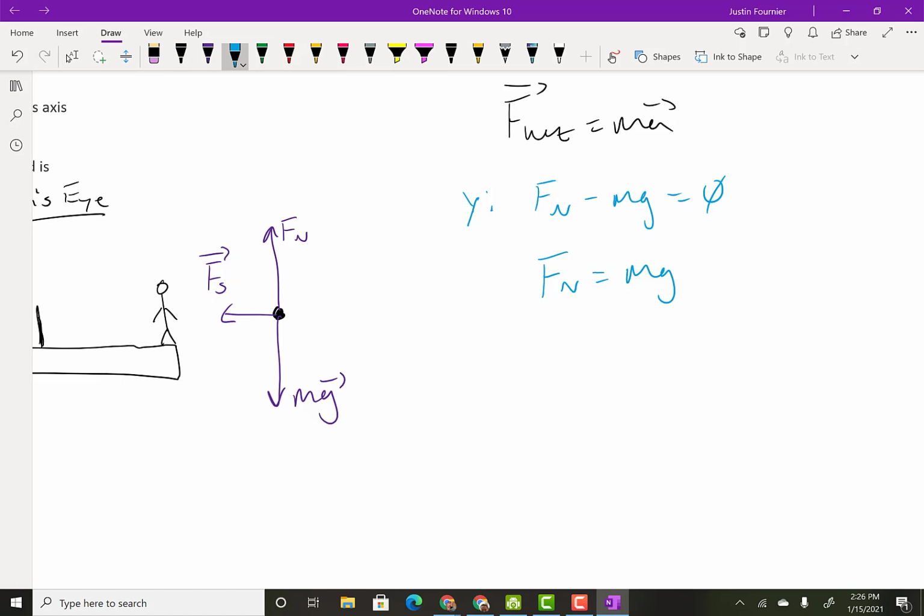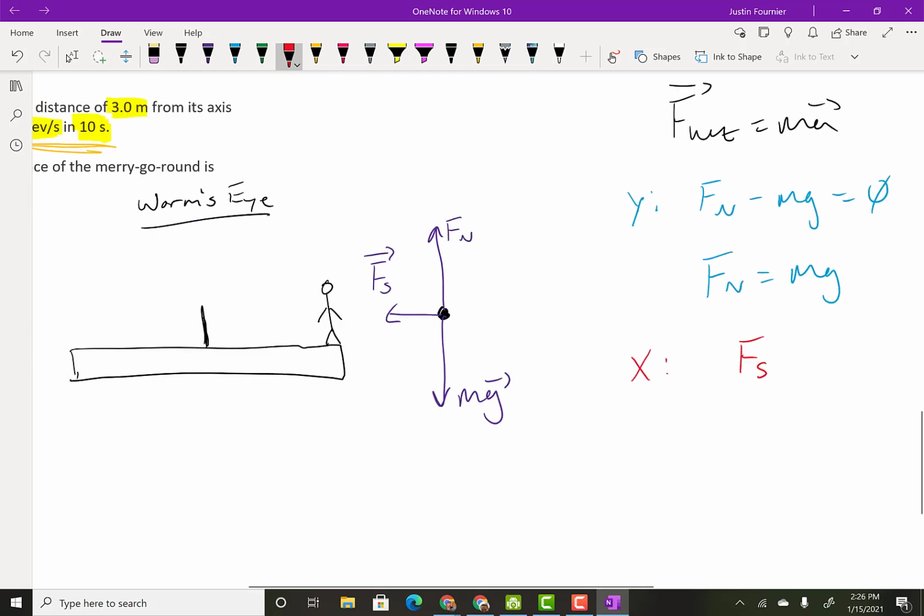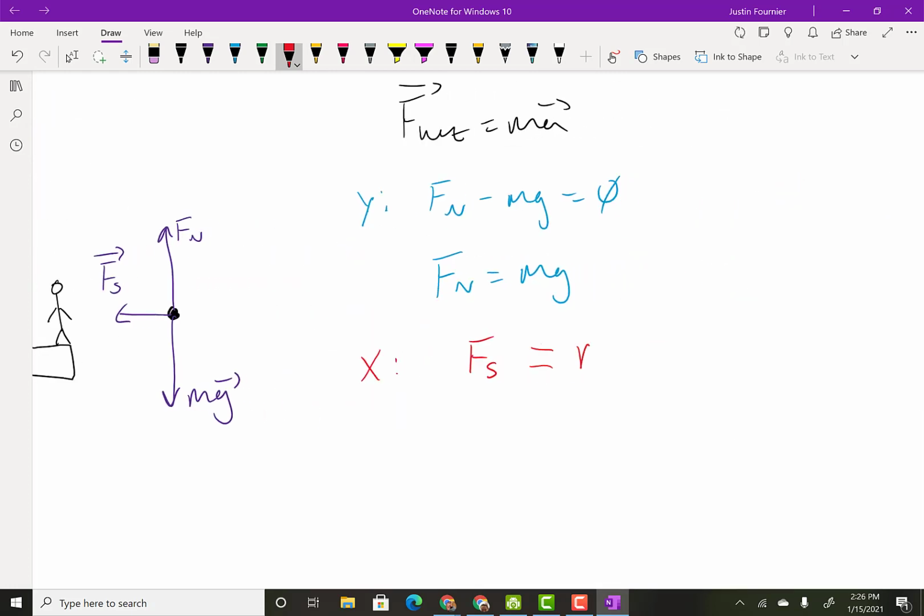In the horizontal direction, you've got the static friction force, which is positive because it's pointing towards the center of the circle, equal to the mass times the acceleration. But not only the centripetal acceleration, the total acceleration.